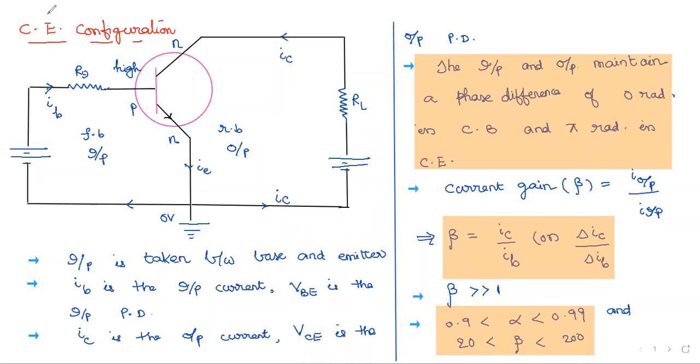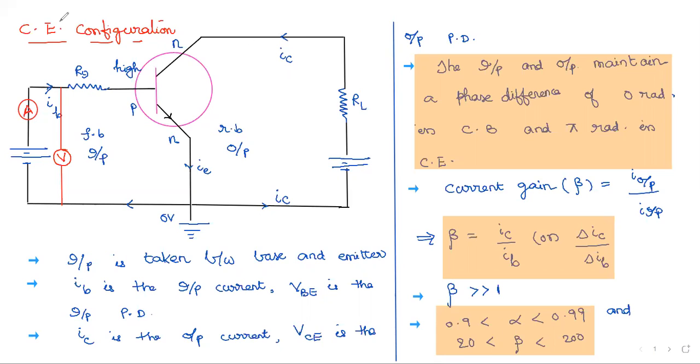To measure the voltage, I connect one voltmeter here at the input. This is B. If I want to measure the current, I will connect the ammeter here to measure the input current.